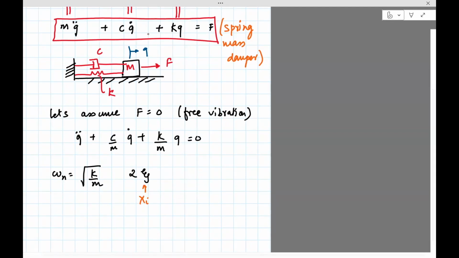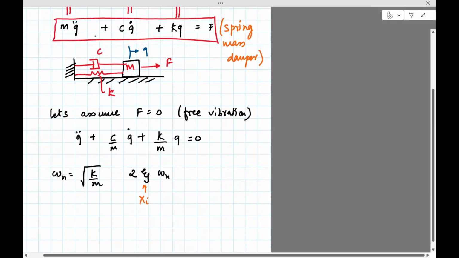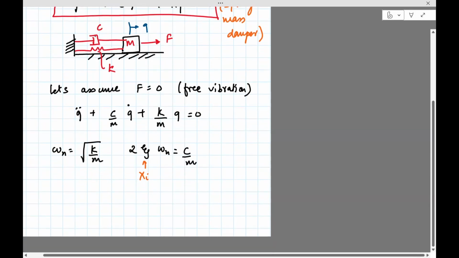Yeah, it is called psi. Okay, 2 psi omega n equals C divided by M. So by substituting the value for omega n, you can solve for psi. It is going to be C divided by 2 square root K times M.